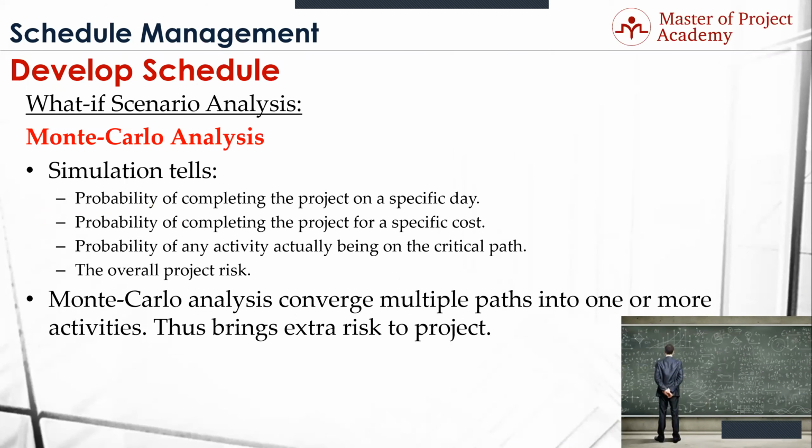Monte Carlo can converge. The one thing it does differently than PDM is it can converge multiple paths and make it truly how it could happen in a real project. I'm going to classify it as much more pessimistic than PERT. For example, if you did a PERT estimate and you said it's going to take between 10 and 12 days, the Monte Carlo analysis would probably say it's more likely between 12 and 15.